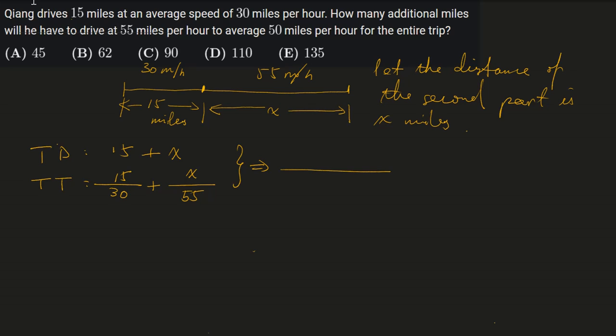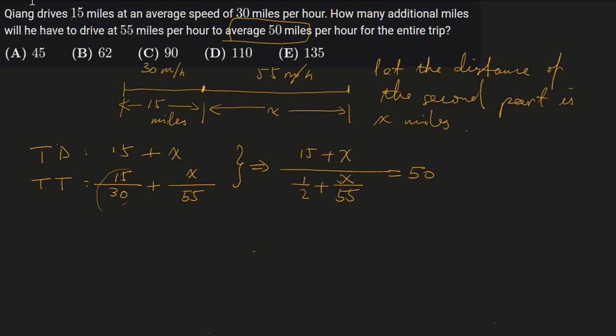The total distance, 15 plus x, divided by 15 over 30, that's a half, plus x over 55. And this shall equal 50, because he wants to make an average of 50 miles per hour.